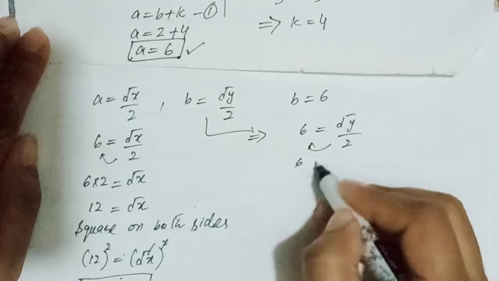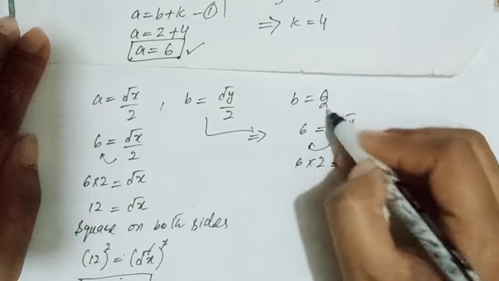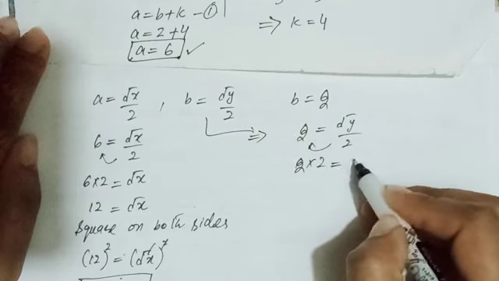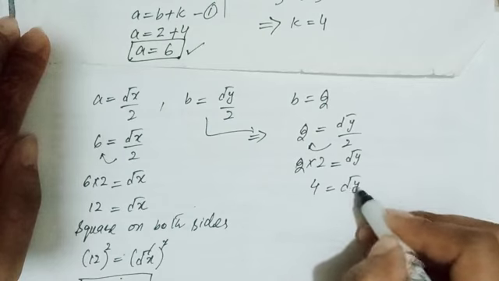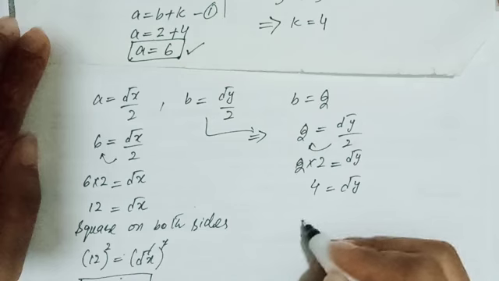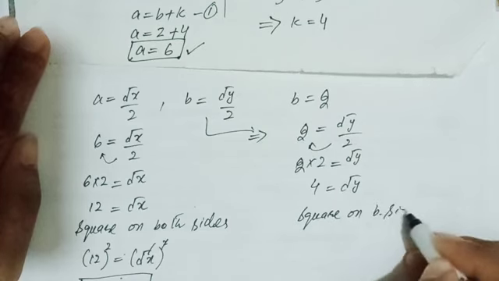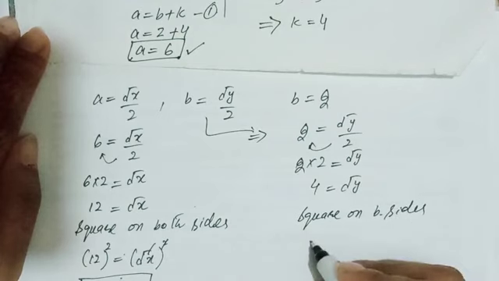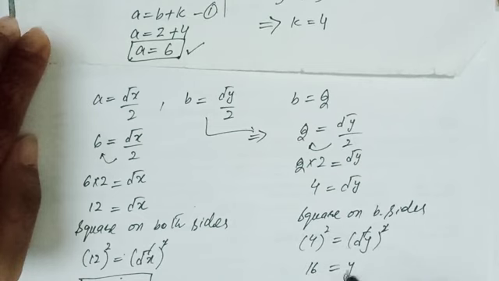Again 2 multiplied by 2 is 4, so 4 equals square root y, and we'll take the square again on both sides. It will be square root y squared, the square and square root cancel, and y is equal to 16.